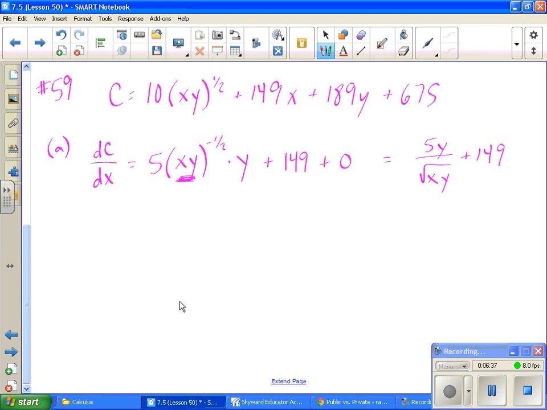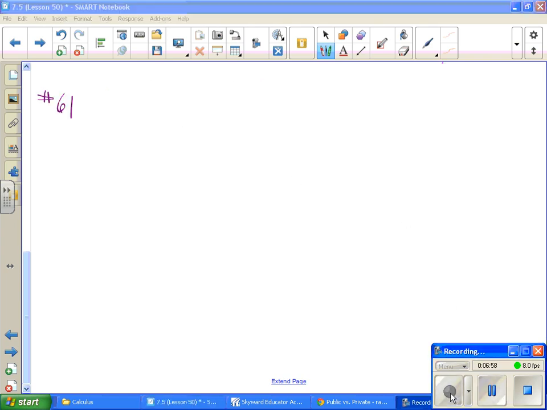And then you can go ahead and plug in the 120 and the 160. So try it from there. And then you still have to find dc dy, plug them in. The x is, well, it says x is 120 and y is 160, but x is your mountain bikes and y is the racing bikes. So you guys can finish up 50.